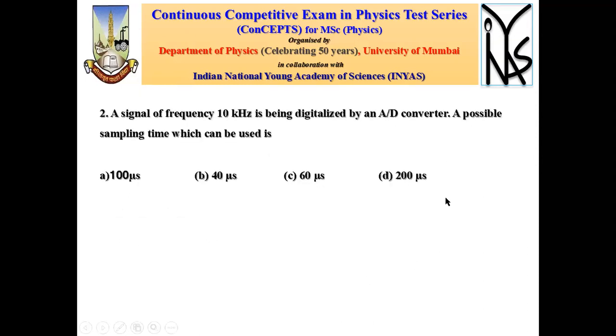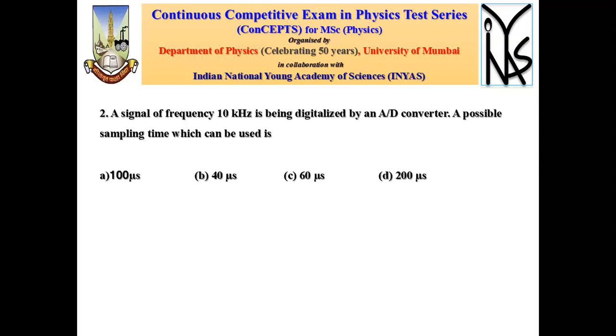Now, the second type of question is: a signal of frequency 10 kilohertz is being digitized by an A to D converter. A possible sampling rate which can be used is. So, when we try to digitize some signal which is oscillatory, we must know that we have to chop that particular signal.